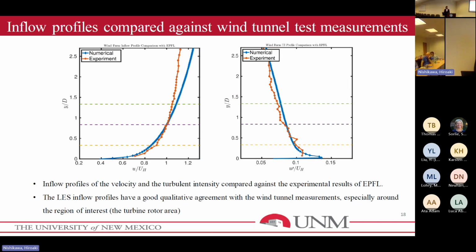So these are the input profiles compared against the wind tunnel test measurements. As you can see, this is the velocity profile, and this is the turbulence intensity profile. They match quite well, especially in the region of interest where the turbines are placed. There are some discrepancies, and these are very common when you compare LES simulations with experimental results.